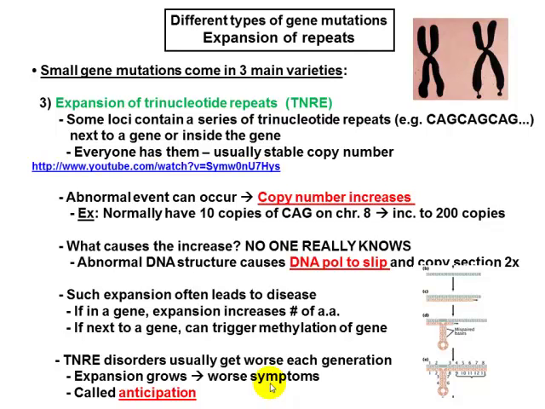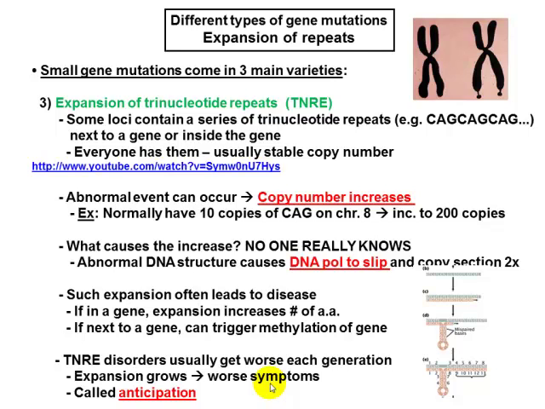And depending on the number of the repeat sequences, some numbers of repeats are normal. For example, on this particular gene, everybody would have about 10 copies of this trinucleotide repeat, CAG, on chromosome 8. So if you look at everybody's chromosome 8, you'll find about 10 copies. Sometimes you find 8, sometimes you find 20 or so.